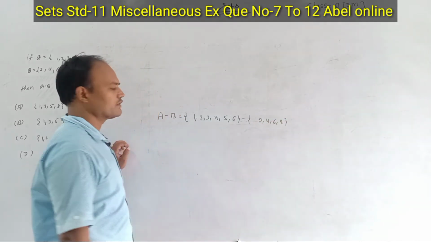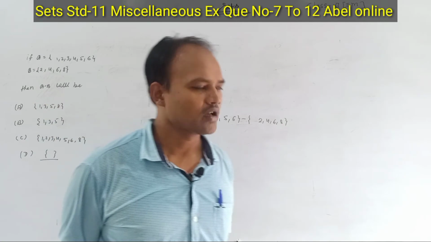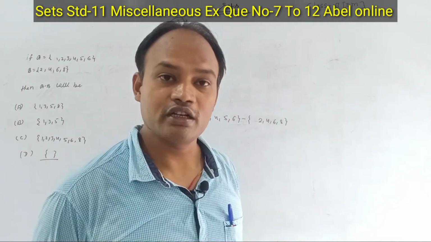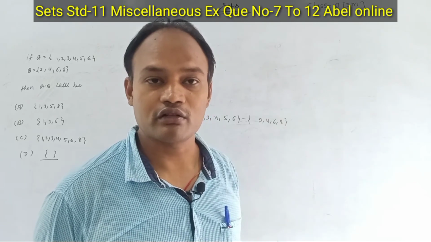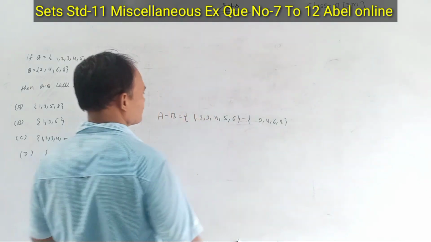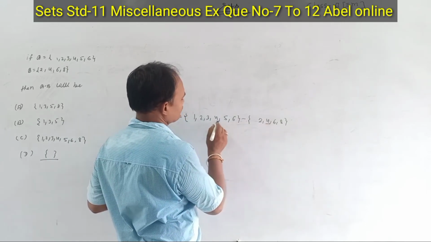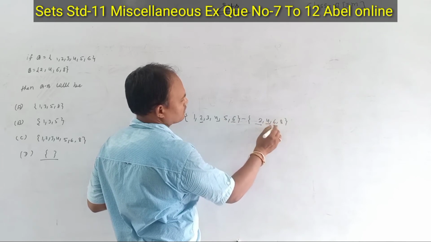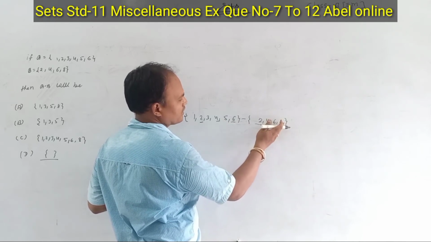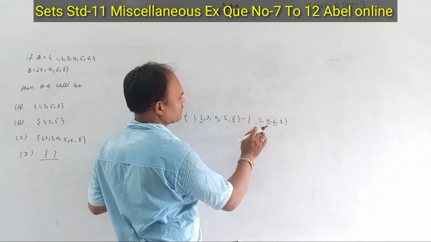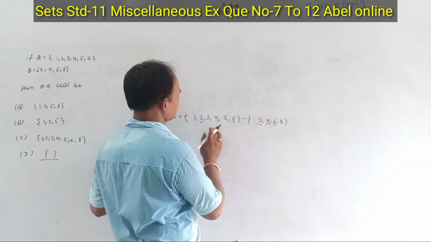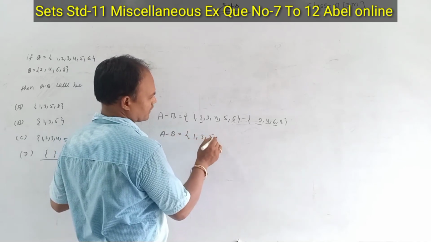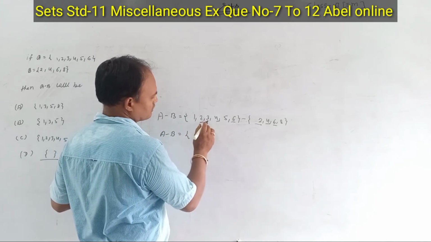Always remember that when we find A minus B, elements are always from A, not from B, and the elements common to A and B are removed. 2 is common, 4 is common, 6 is common. 8 is in B, so we have not used it. We have to remove 2 4 6, so A minus B is 1 3 5.